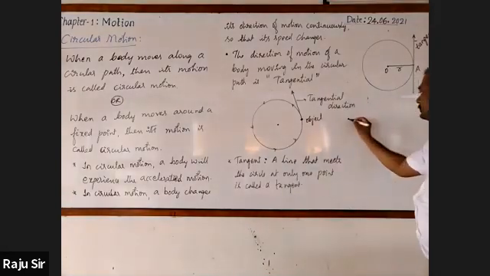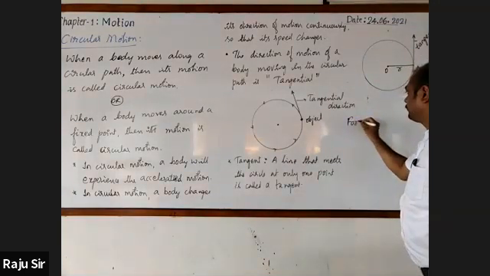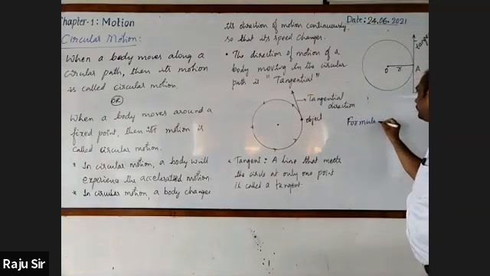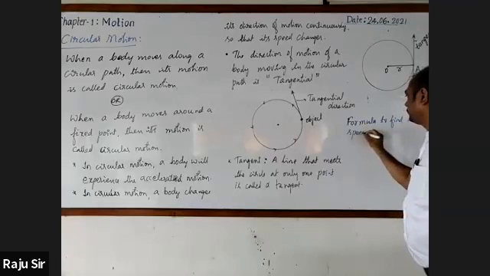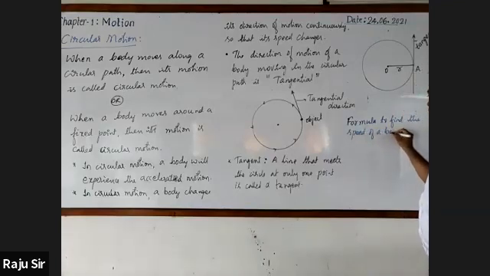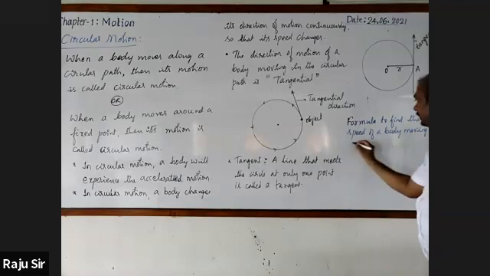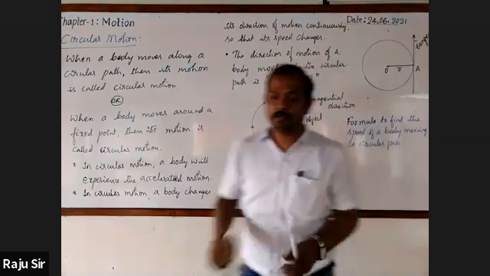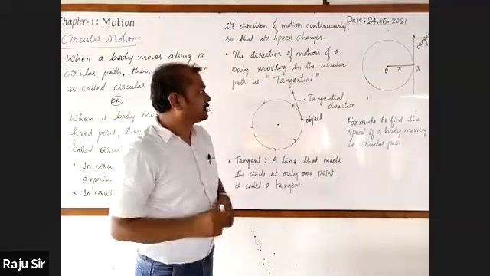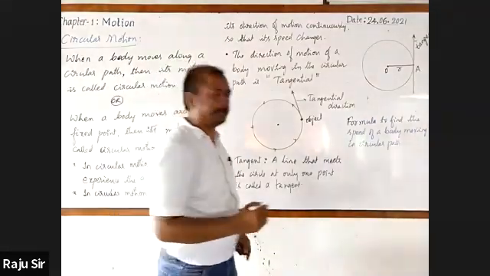Next, last point. Side heading: formula to find the speed of a body moving in a circular path.